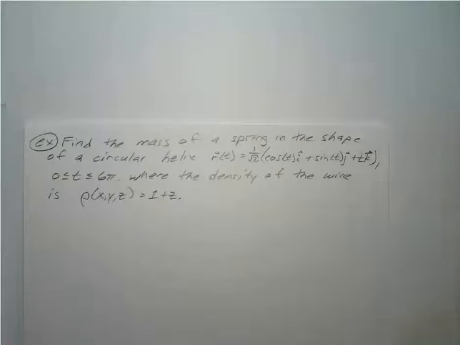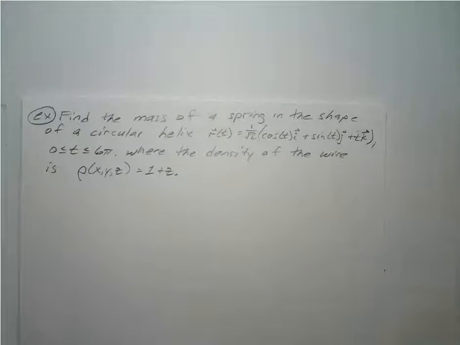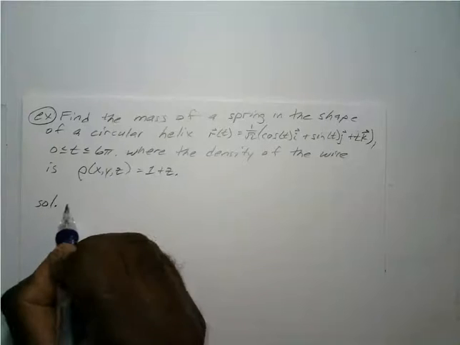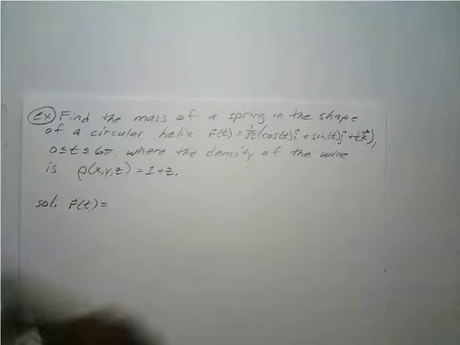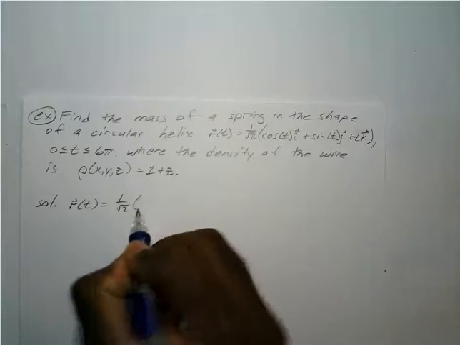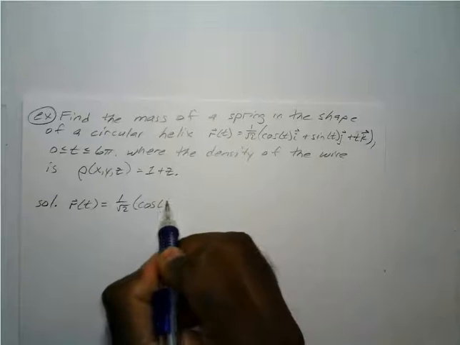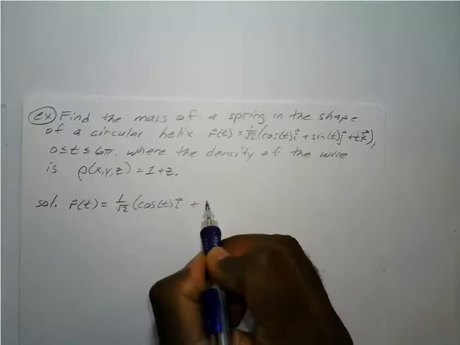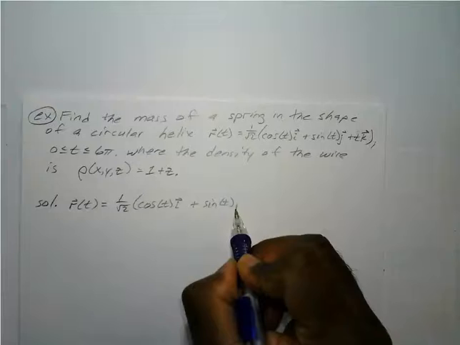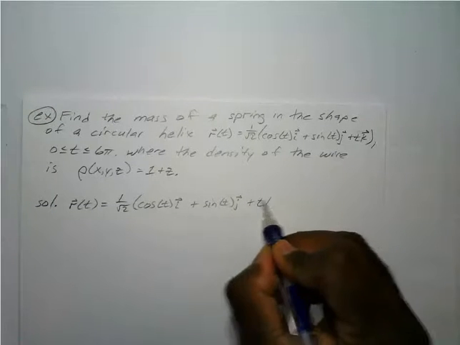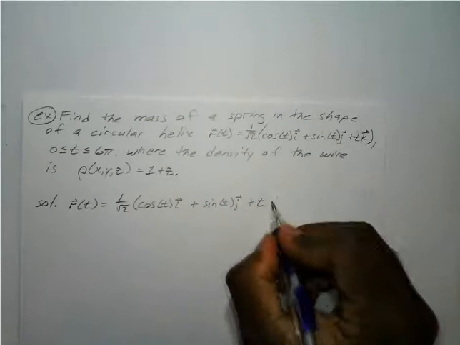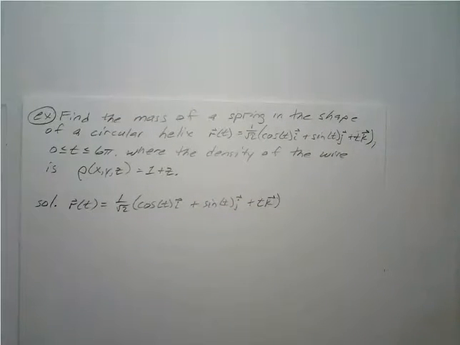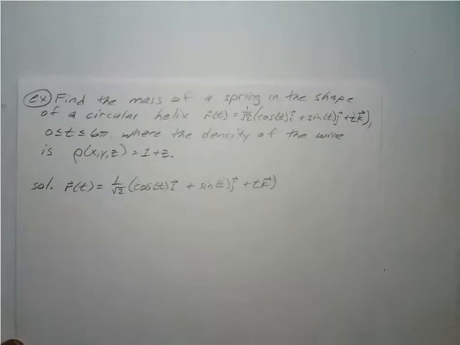Okay, so just like before, we start out writing our vector valued function: 1 over square root of 2 times cosine of t times i plus sine of t times your j unit vector plus t times your k unit vector. There we go. And we find our derivative.